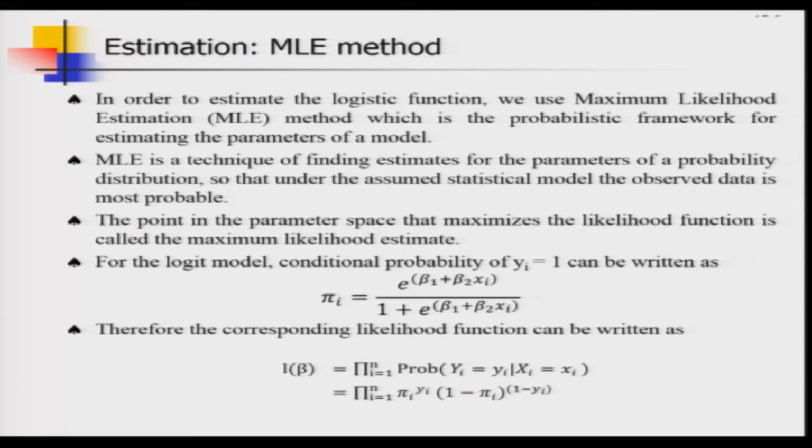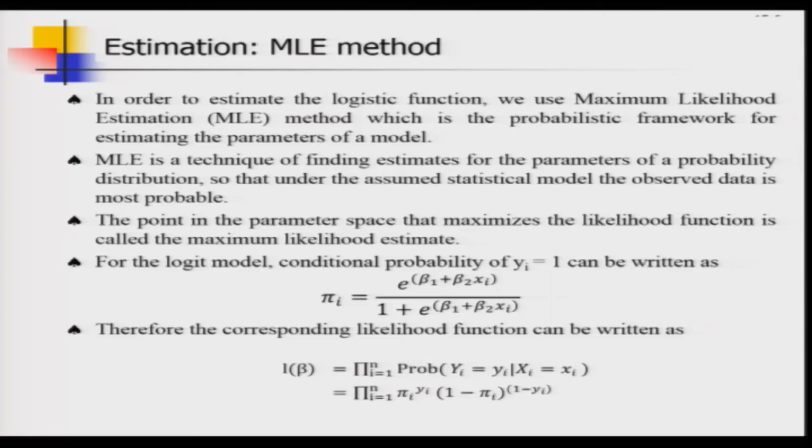Then we can write the likelihood function as L of beta, and you see I am multiplying all these conditional probabilities. Why am I multiplying? Because I am assuming that these probabilities are all independent of each other. So, as they are independent they could be multiplied together, and then you see I get a simpler expression in terms of pi.